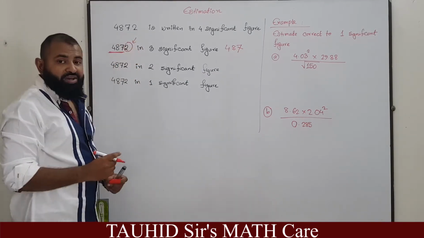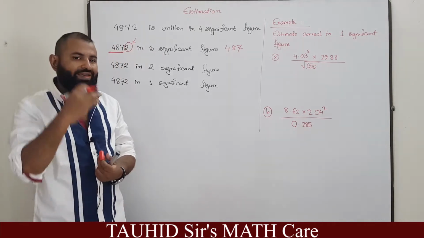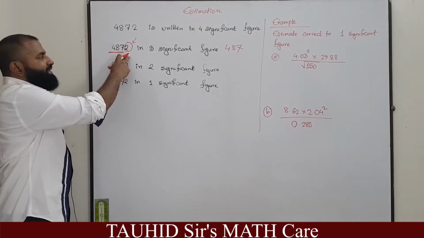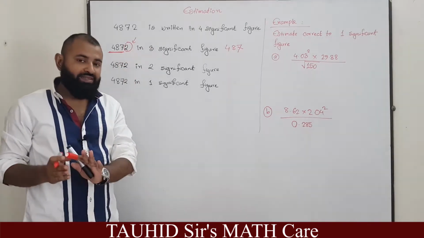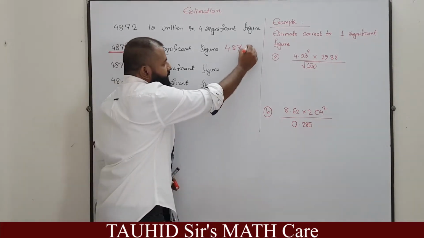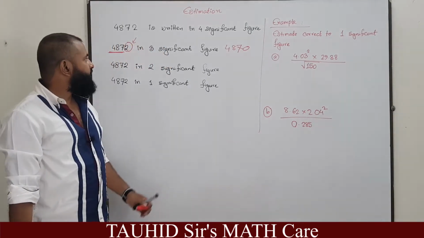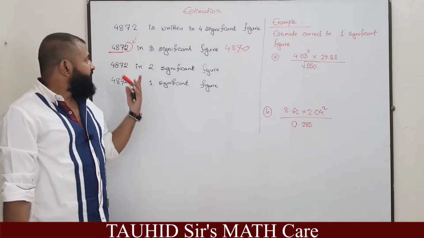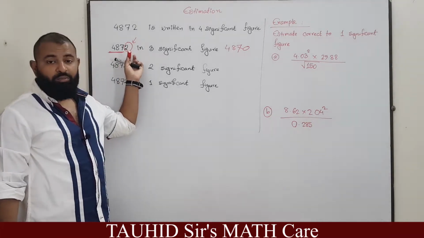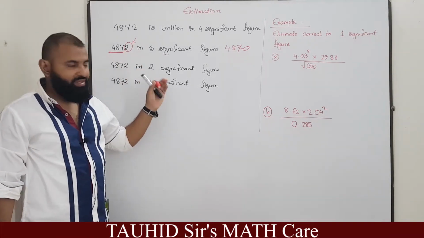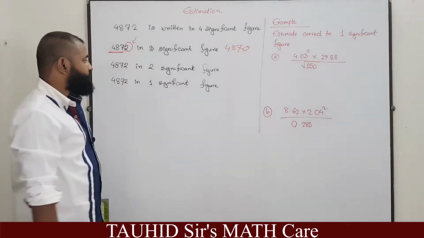Is it greater than or equal to 5, or less than 5? 2 is less than 5. So we will simply put a 0 here. And what would happen if the number was greater than or equal to 5? We will see that in the next example.